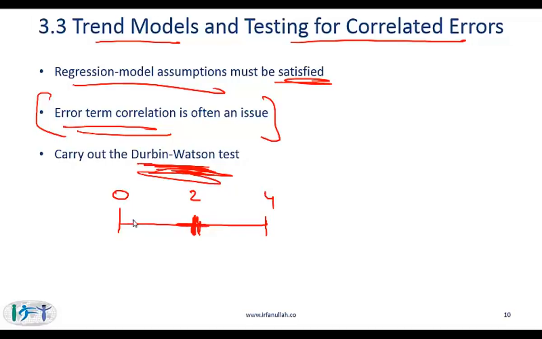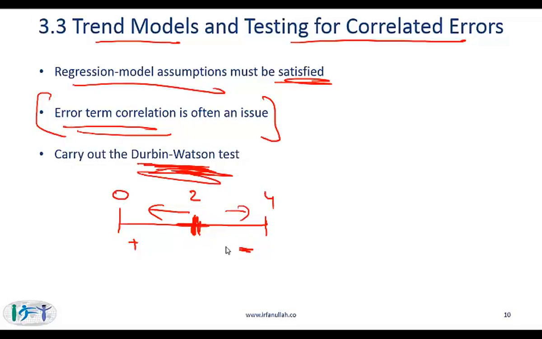If the Durbin-Watson stat is far away from 2, more towards the left, something like say 1, then you have a problem. This would imply that there is probably a positive correlation between the error terms. And if your Durbin-Watson stat is closer to 4, to the right of 2, then you probably have a negative correlation between the error terms. So keep that in mind.